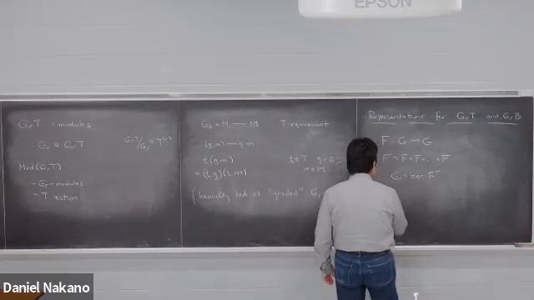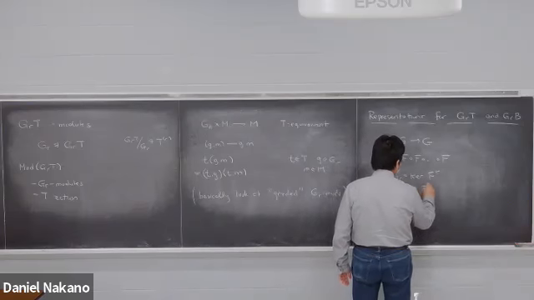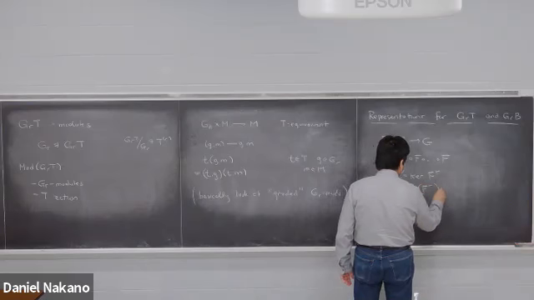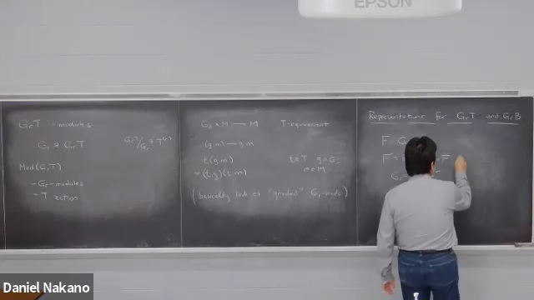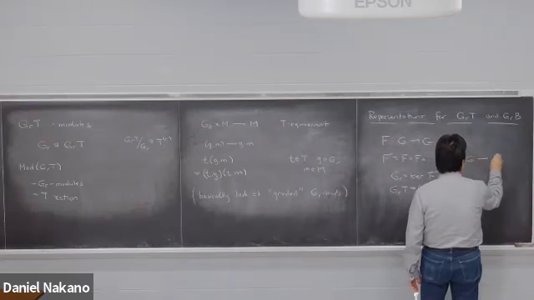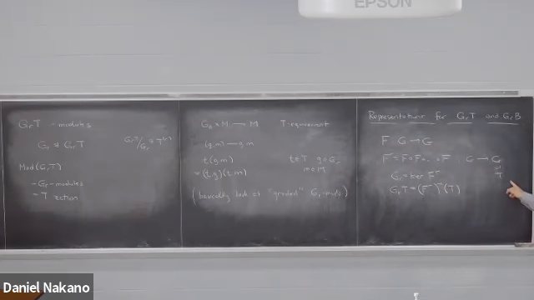So GRT is the inverse image of the torus under F to the R, which also goes from G to G. I take my maximal torus inside of here, and I take the inverse image of that.